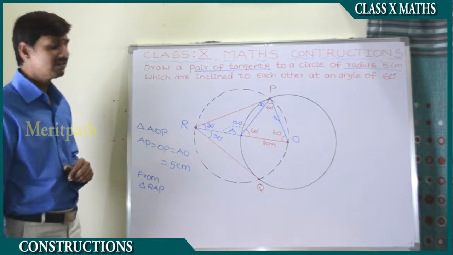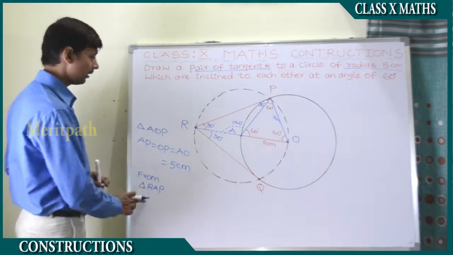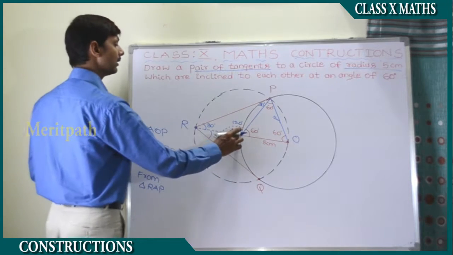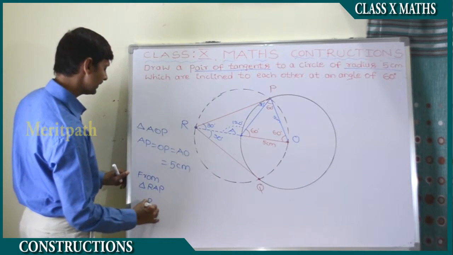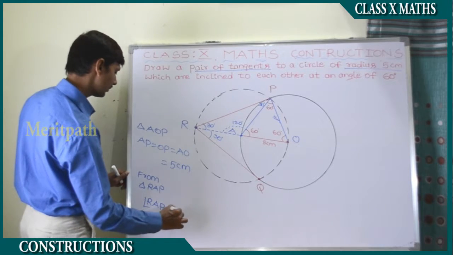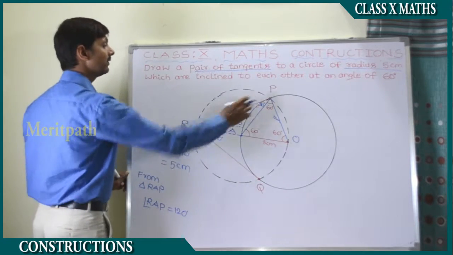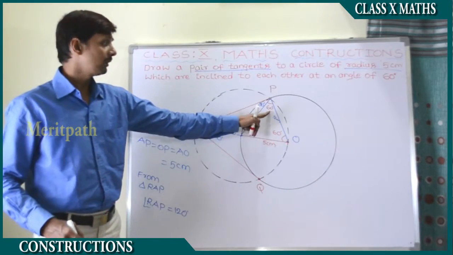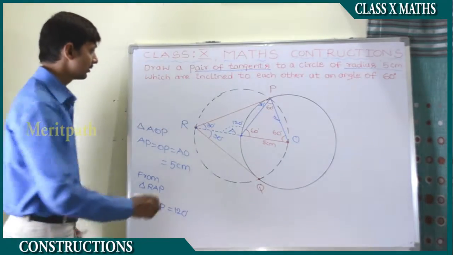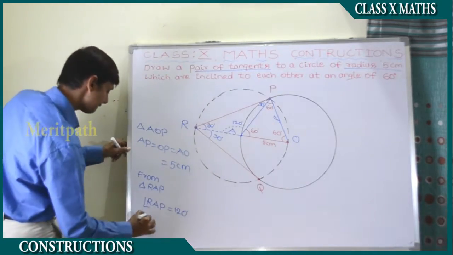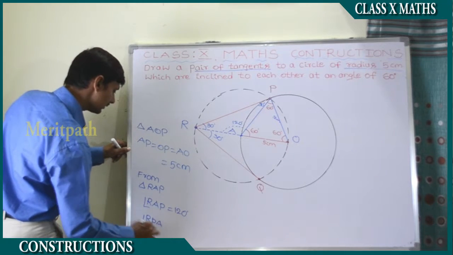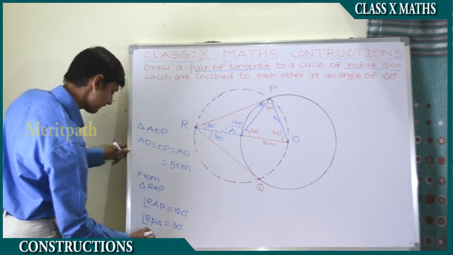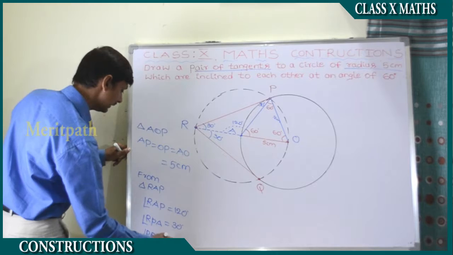Then we can understand the angle of RAP, we got the angle of RAP is 120 degrees, and the remaining angles are, we know, 30 and 30, because from this 90 degrees we got total, this is 60 and the remaining 30 degrees, so we got RPA is 30 degrees, and then PRO is also 30 degrees.